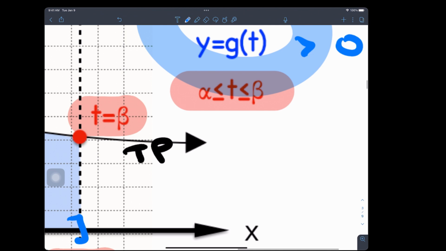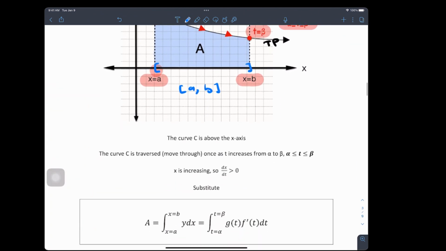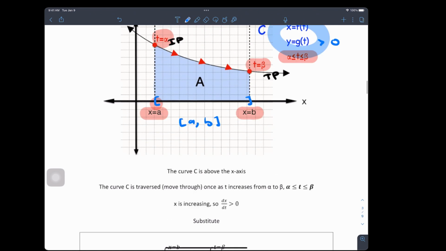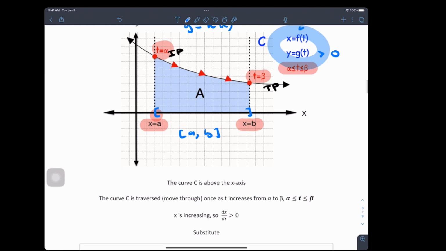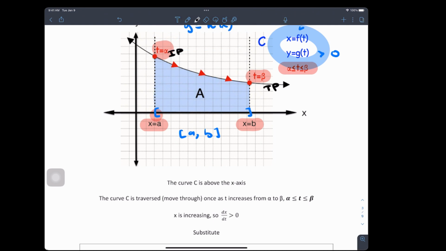So t is increasing. That's going to be important for us because, if t is increasing, you guys also want to notice that your x coordinate value is increasing. So all these points on this curve, even though your time is getting bigger, this is also saying that your x coordinate value is getting bigger. x is increasing.